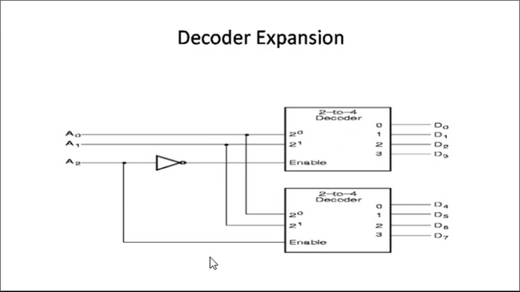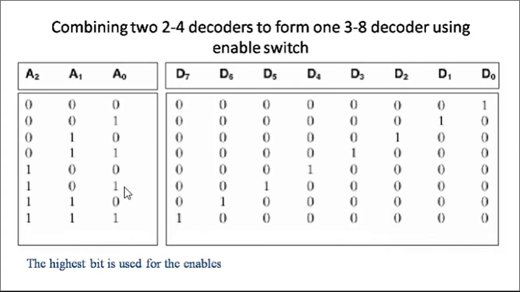But this is 1, means this will be enabled. Here is what? 1 and 0. So this 1 is applied here, 1 and 0. 1 0 means what? 1. So in that case D5 is active. See, 1 0 1, D5 is active.